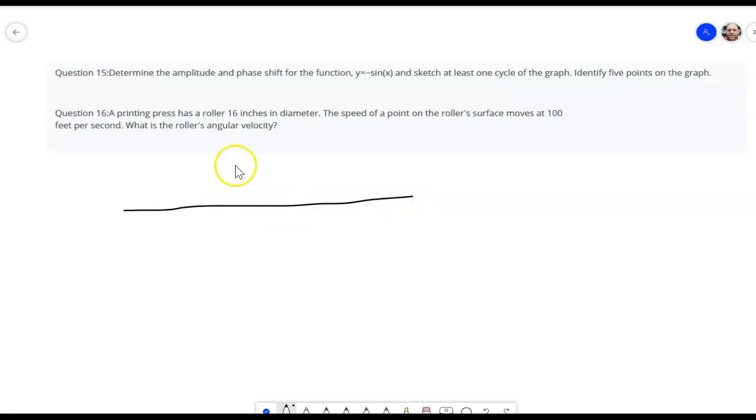If we have a graph here, I know this doesn't look very pretty, but we have 0 here, pi over 2, pi, and 3 pi over 2, and finally over here we have 2 pi.